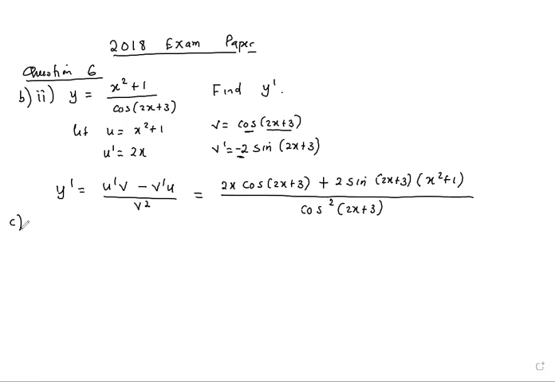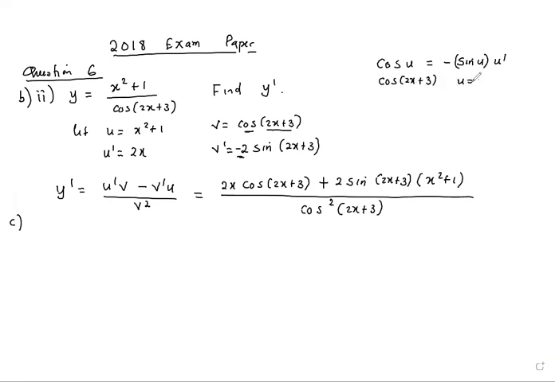Chain rule says you differentiate the inside of the function and then differentiate the function itself. Where have you gotten the 2? Where is the sine there? So the derivative of cos u is negative sine u multiplied by u prime, of cos 2x plus 3.